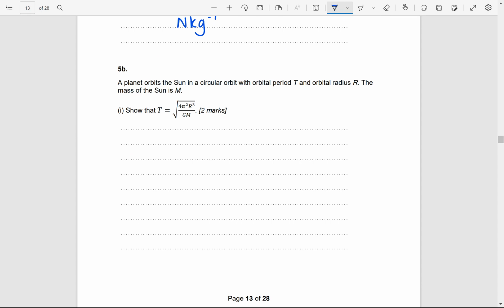So what we expected you to do was to say that the gravitational force is GMm over r squared. And you were expected to recognize that that is equal to mv squared over r in a circular orbit. You had to start there, all right?